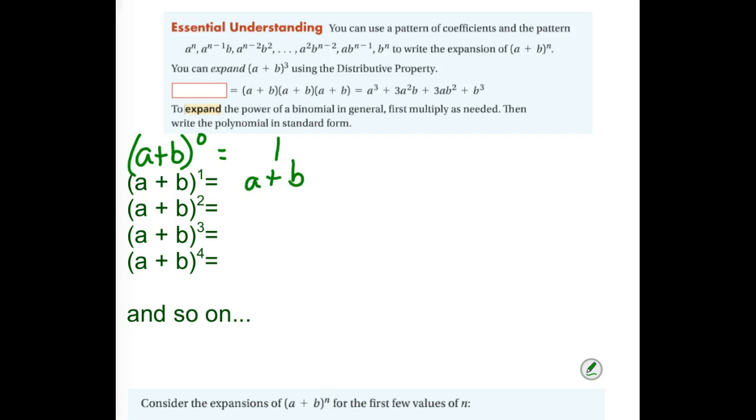If I take a plus b and square it, do you guys remember the pattern we had for that? What happens when we take a plus b times itself? If you don't remember, you can write it out. A plus b times a plus b. What would we get? A squared.